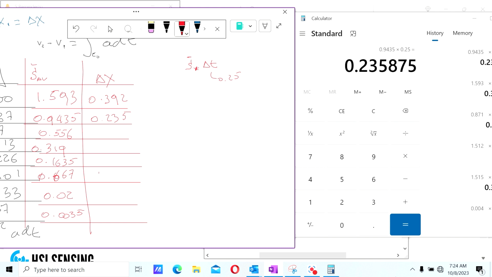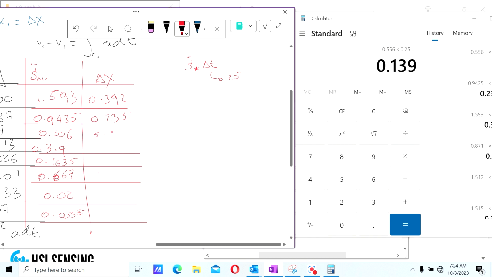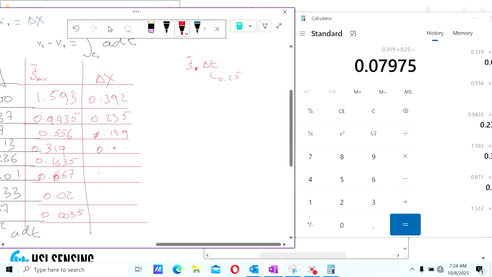The next one is 0.556 times 0.25, 0.139. This one is 0.319 times 0.25 equals 0.079.